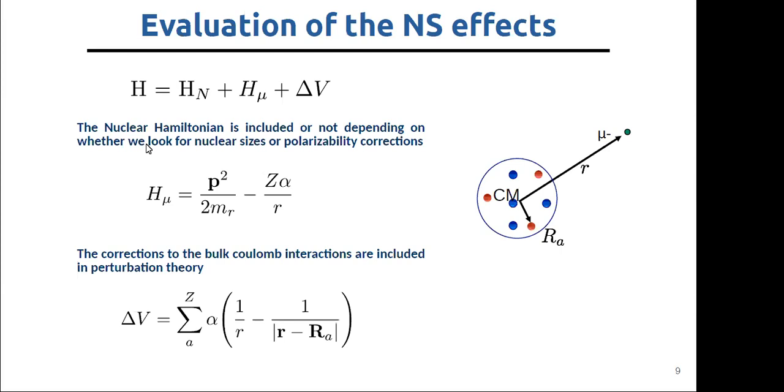Also, the nucleus has structure and dynamics, and the interaction is in reality between the muon and the nucleons that make up the nucleus. At the very end, this one at the top will be your total Hamiltonian, where this H_N is the nuclear Hamiltonian, which is included or not, depending on whether we want to look for nuclear size or polarizability corrections. These are sometimes known as elastic and inelastic contributions.